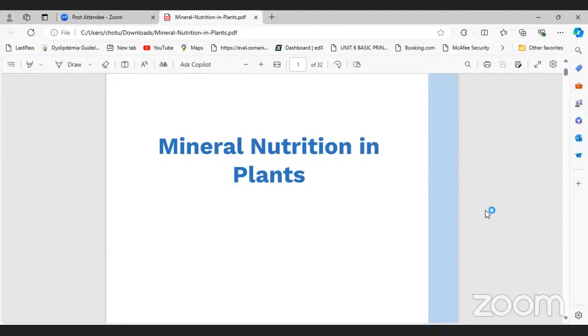When plant material is burnt in air, the organic matter is destroyed and a residue of inorganic salts, the ash, remains. The range of concentration of various elements in plant ash is shown. Nitrogen is released in the form of ammonia and gaseous oxides and is therefore not present in the ash.